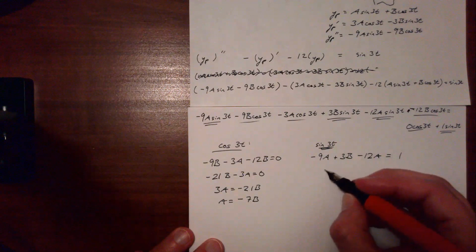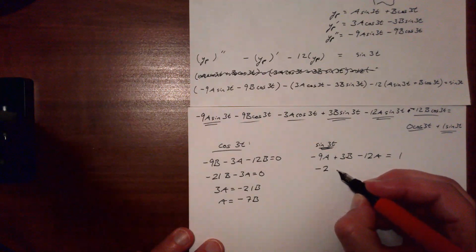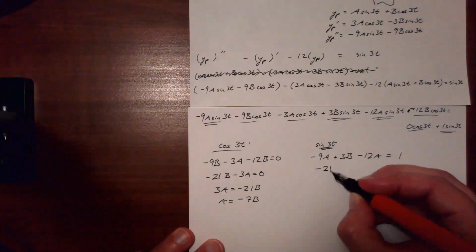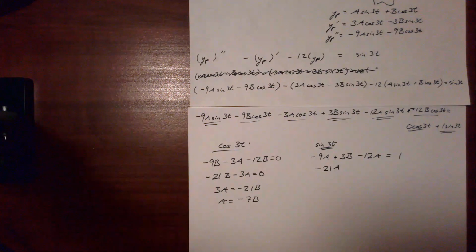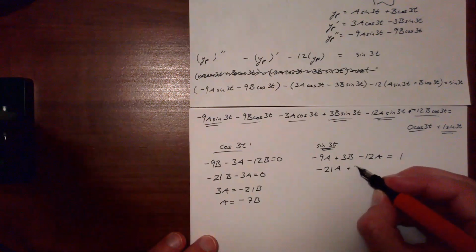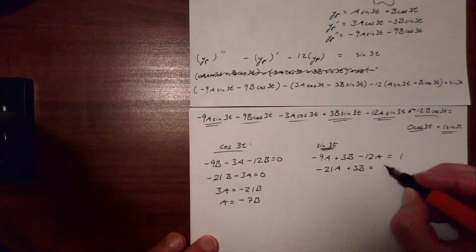So then, if I combine like terms here, I'm going to have negative 21a plus 3b equals 1.